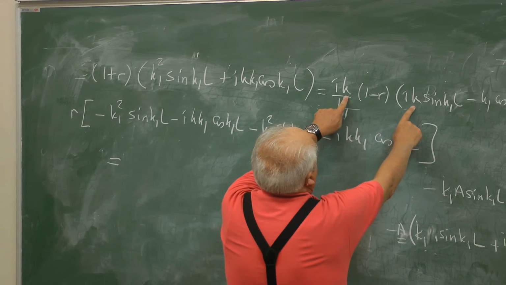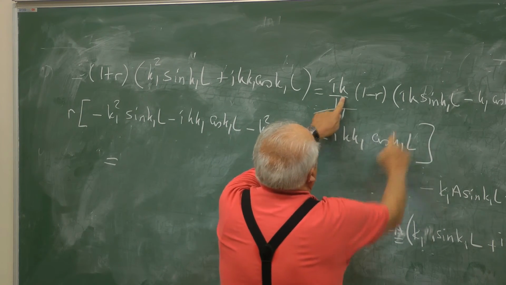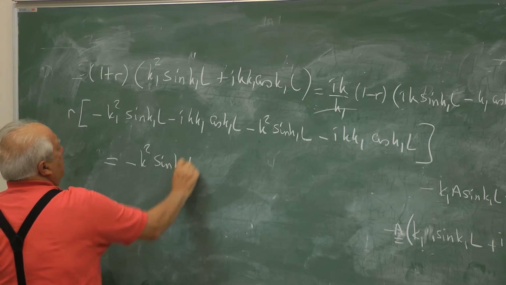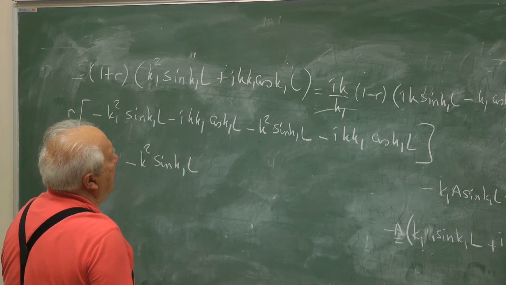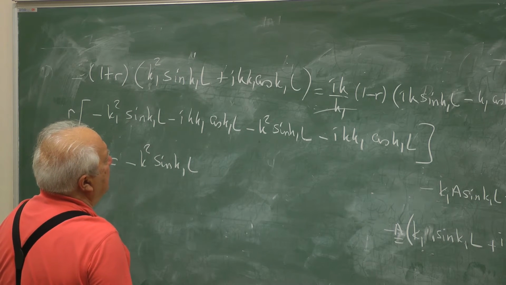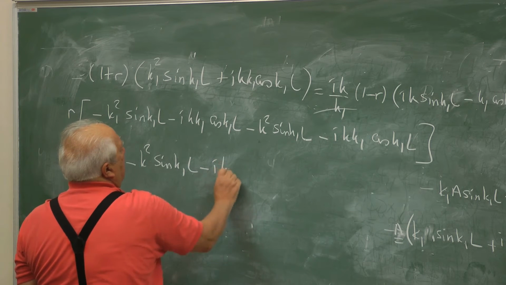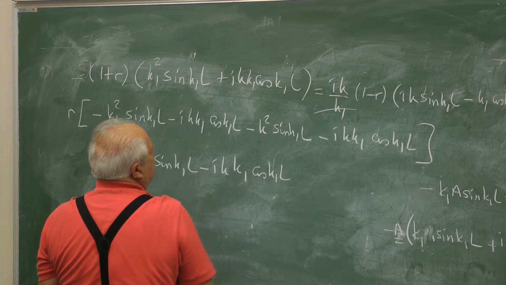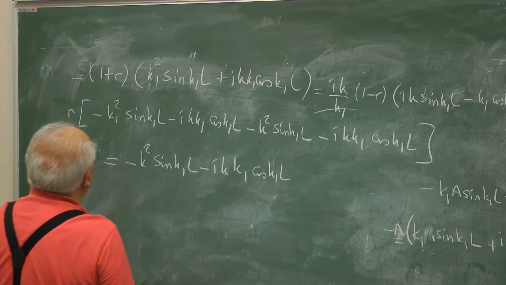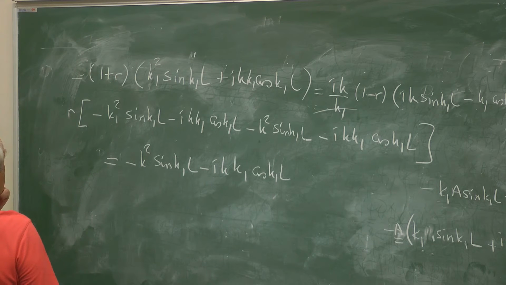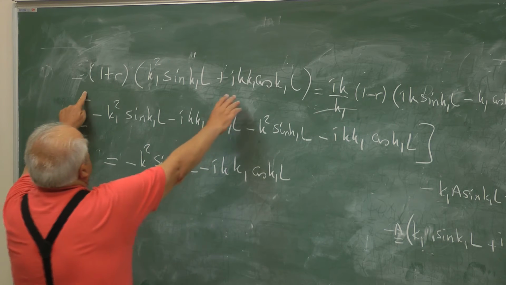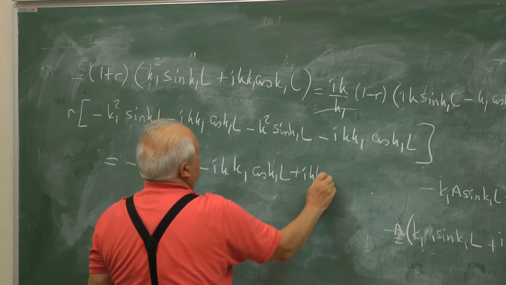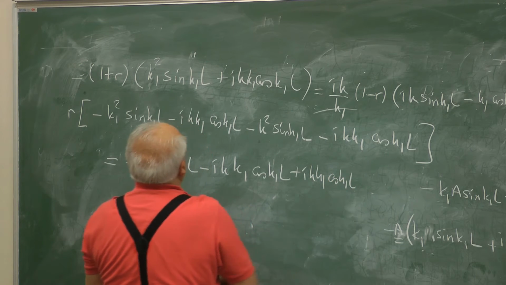First is minus k square sine k1 L, minus k square sine k1 L, minus i k k1 cosine k1 L. This was minus, it goes to the right, becomes plus, plus i k k1 cosine k1 L.